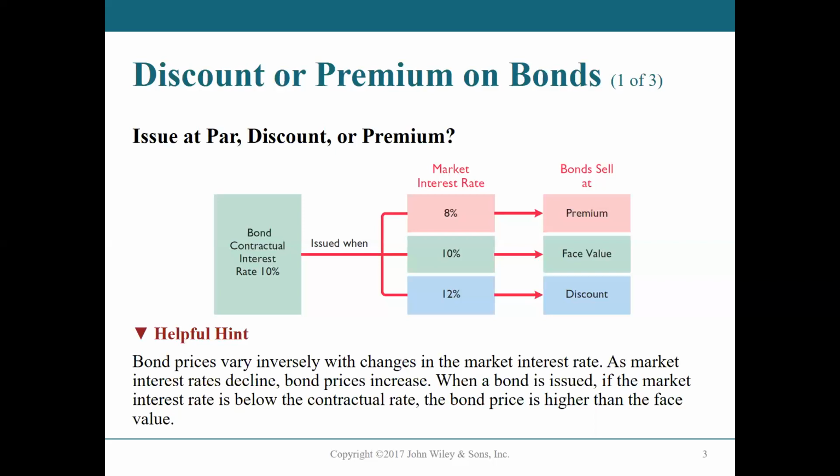The issuer of the bond is borrowing money. So when I issue a bond, it means I'm issuing kind of like a note payable, this bond certificate that promises that I will pay back the face value of that bond plus a certain amount of interest each year.